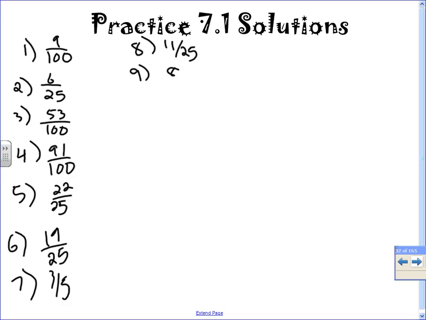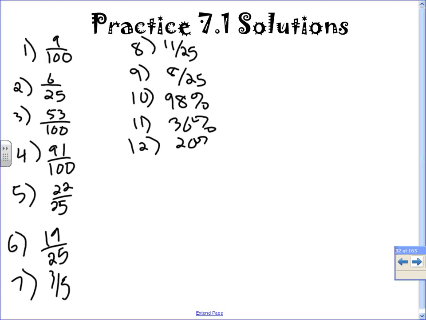Good. Donatus, number 10. 98 what? Good, percent. Emma H, number 11. Perfect. Doug, number 12. Good job. Justin, 13. Perfect. Matt, 14. Good job.